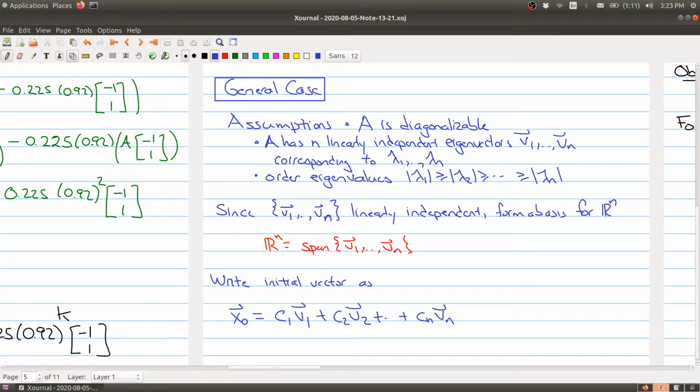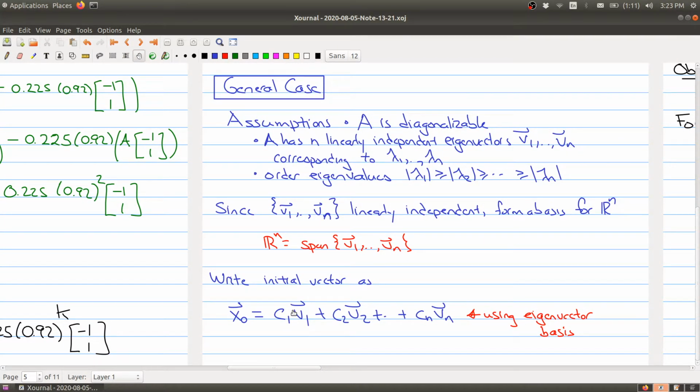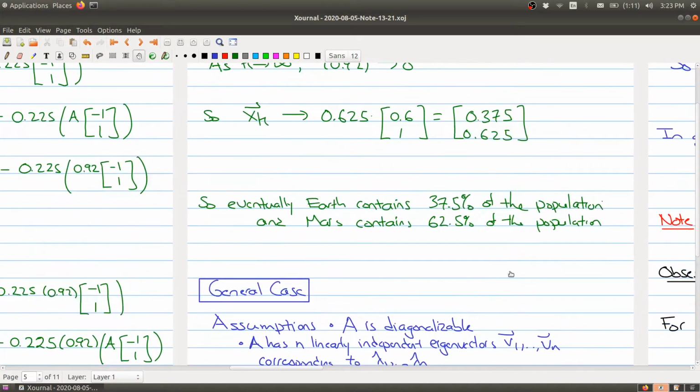So what we're doing is using the eigenvector basis. Once we have our eigenvectors, we can use them as a basis, and we can write our initial vector in terms of our basis.